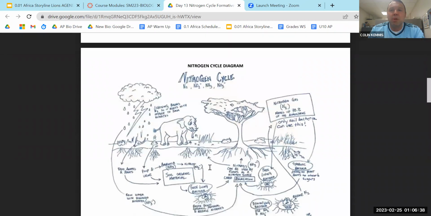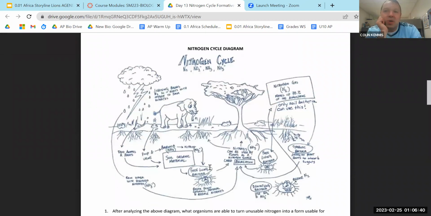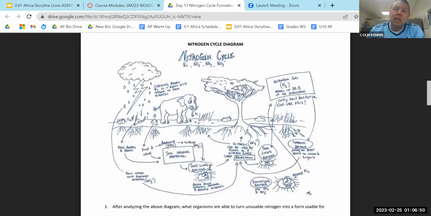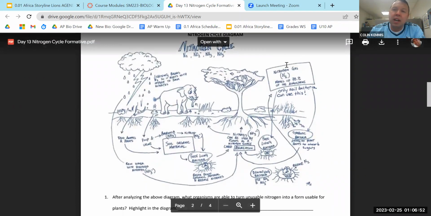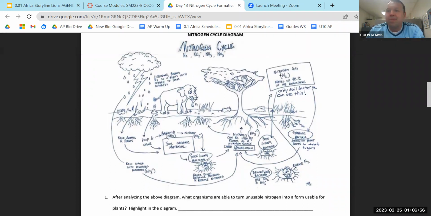A little more complex for 10th grade is the nitrogen cycle. So how does nitrogen move? Remember, we only use nitrogen for proteins. The key part here is that nitrogen gas is in the atmosphere, and plants and animals can't use it. It's an inert gas. We breathe it in, breathe it out, we can't take it in by ourselves.